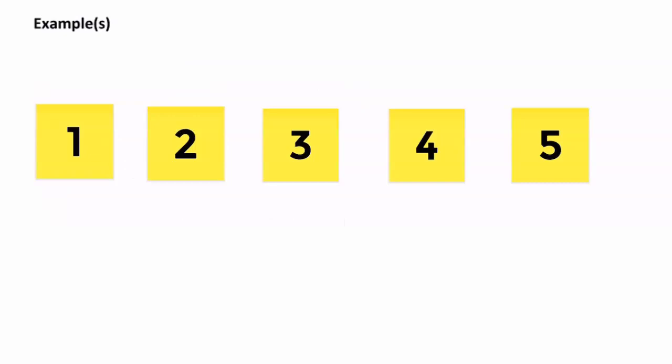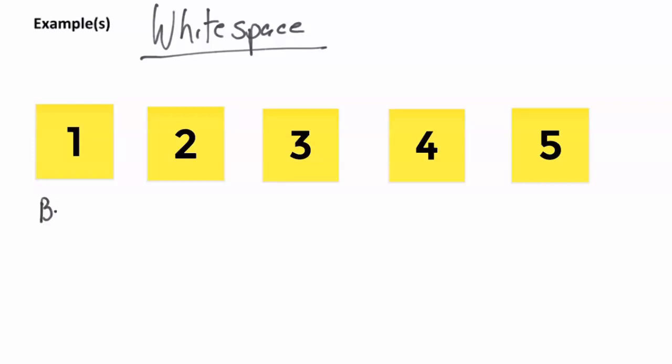Okay, so I've cleaned up my screen a little bit, and in this next example, I'd like to take a look at white space. White space is a term that I use to describe the idle time handoff in between steps. So I've got a simple 5-step process that I've laid out here. It begins at step 1 and it ends at step 5, with a customer receiving the output from this process.